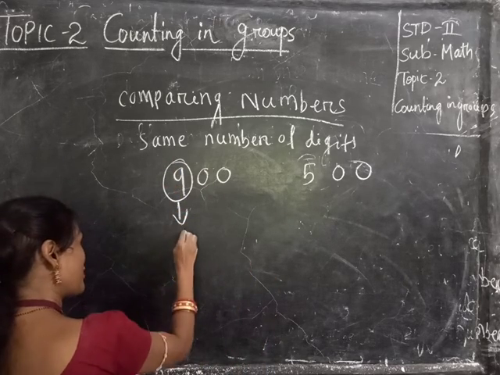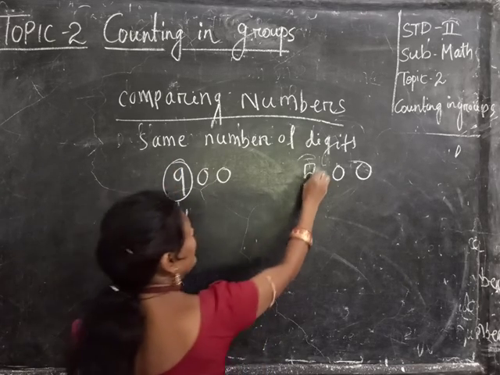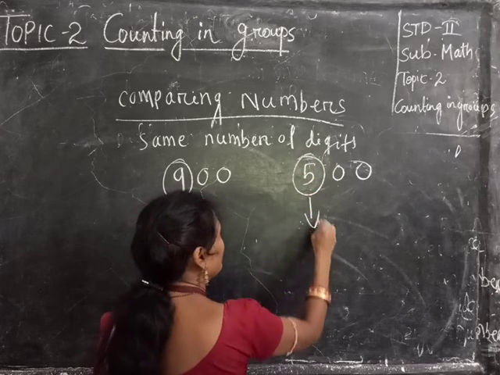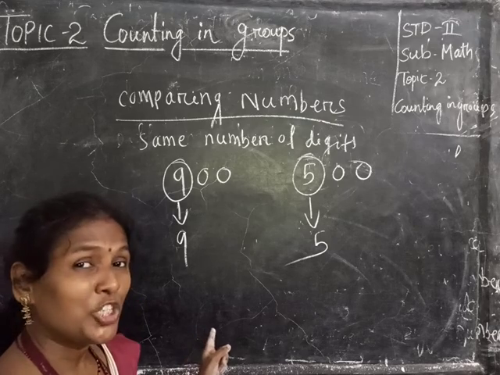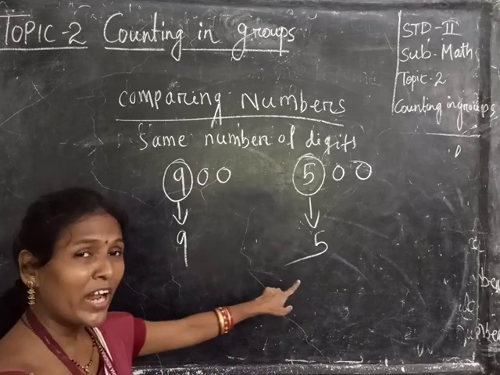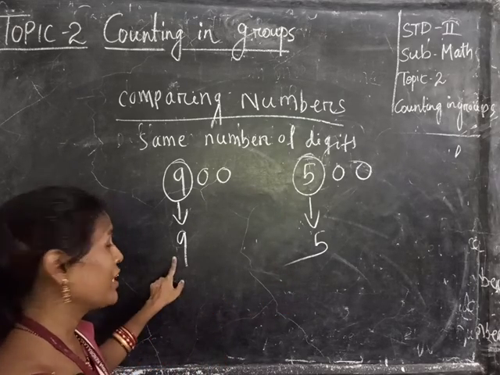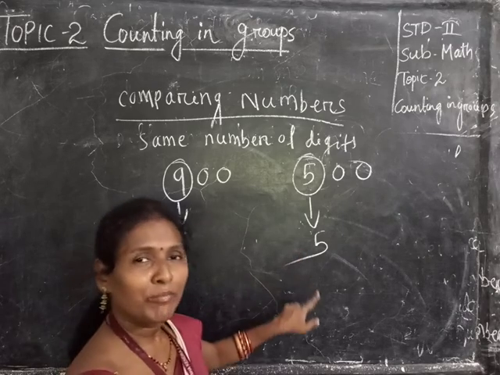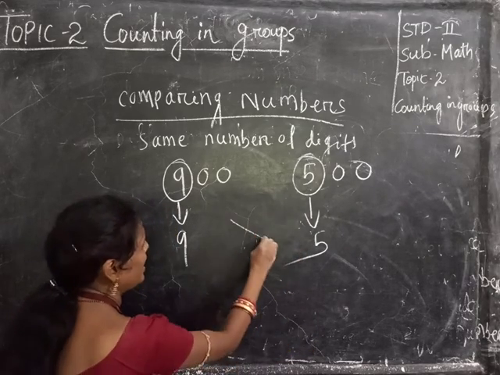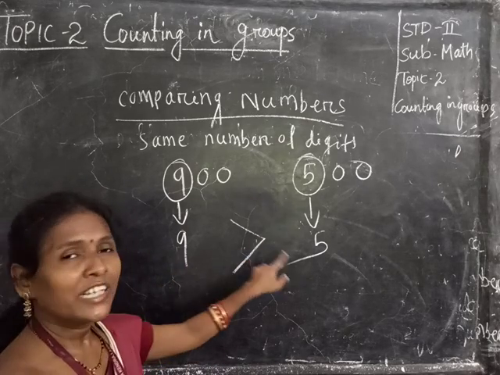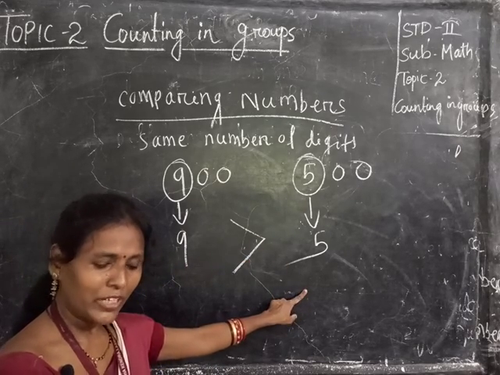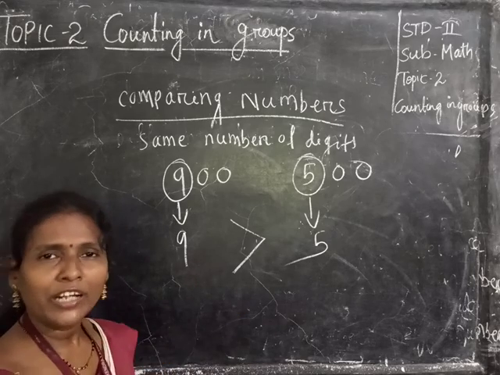So you just put arrow mark, bring 9 here, and here you put arrow mark and bring 5 here. Now tell me students, crocodile eats which number? 9 na 5, because I have told bigger number bigger side, smaller number smaller side. That's why like this. That means 9 is greater than 5.